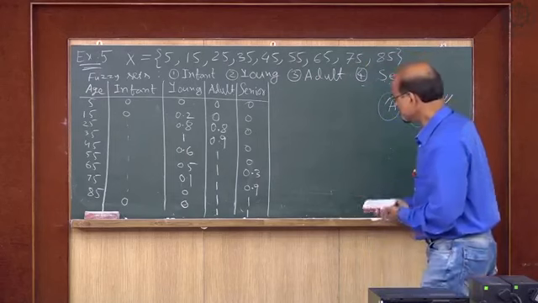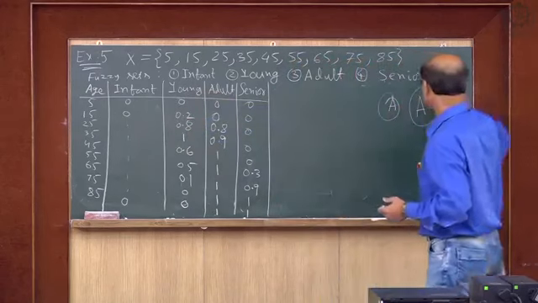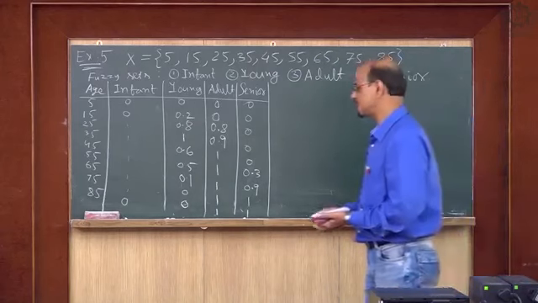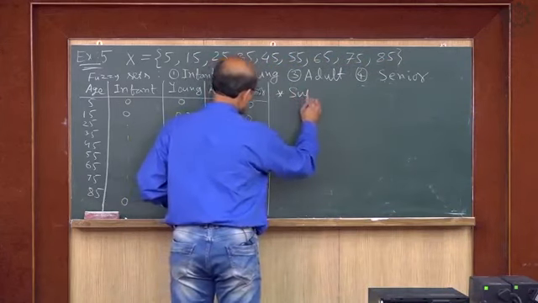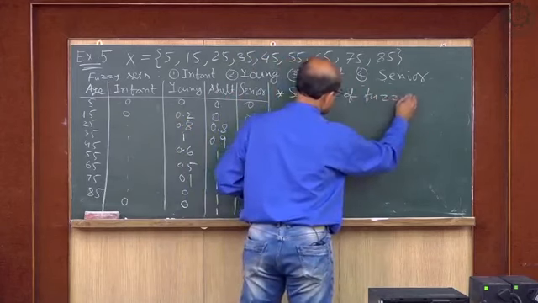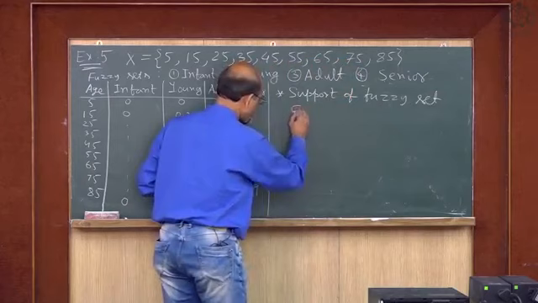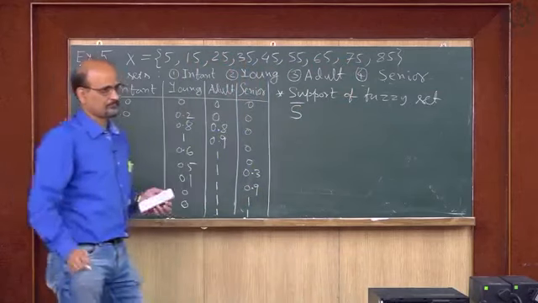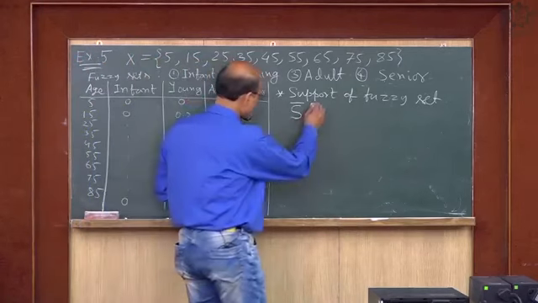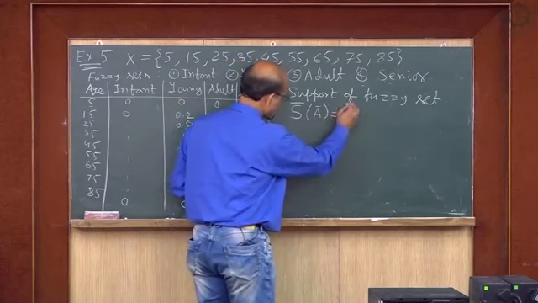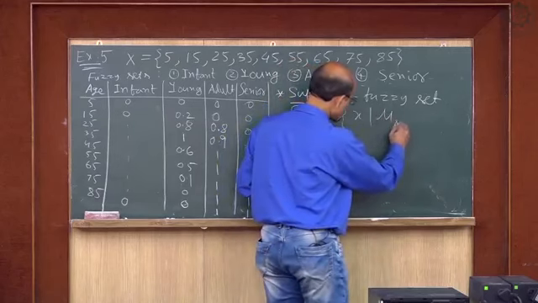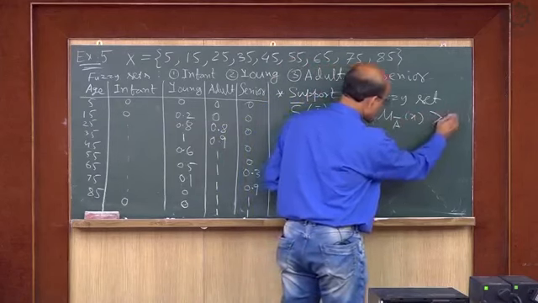Now from here I will define some terms. First I define the support of a fuzzy set, and we denote this support by S bar. Bar I am using for showing the fuzziness. The support of a fuzzy set A bar is defined as the x such that mu A bar of x is greater than 0.